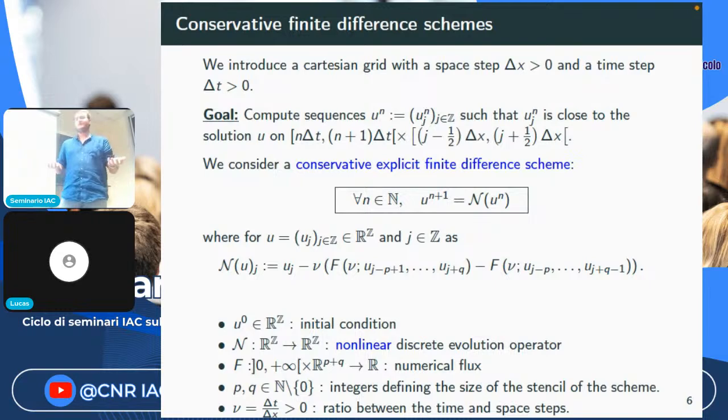Now, as I said, we have introduced our PDE and the solution that we're interested in. So we need to introduce our finite difference schemes. There are a lot of things on this slide, but don't worry, there is not a lot to remember. The only thing that you need to remember is this rectangle in the middle, essentially.